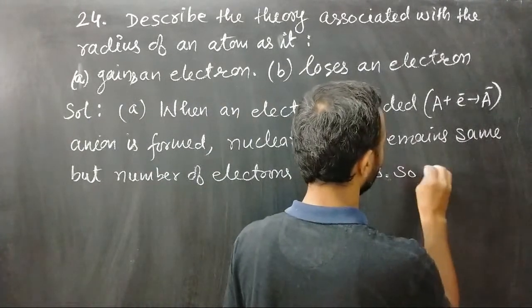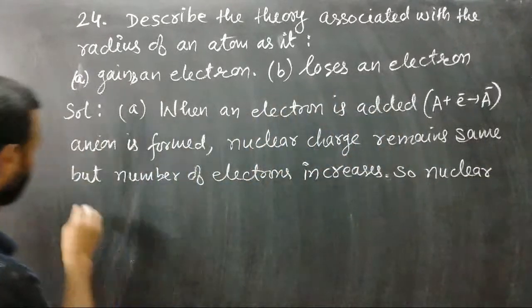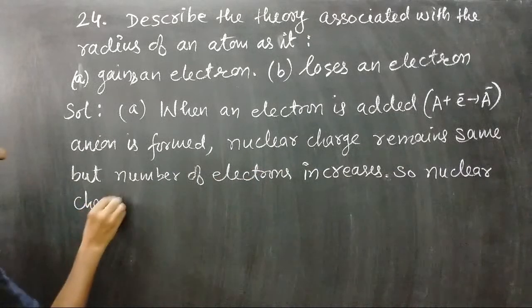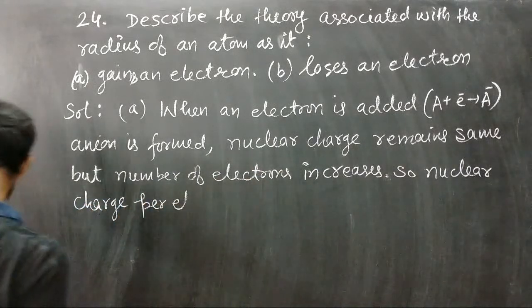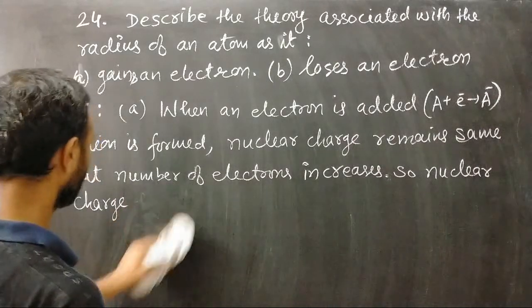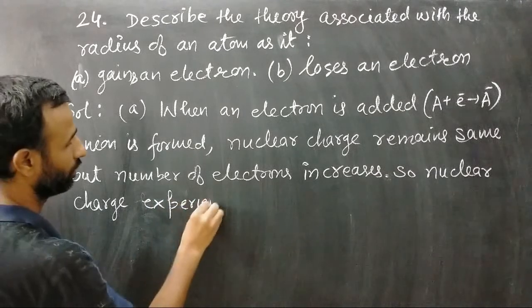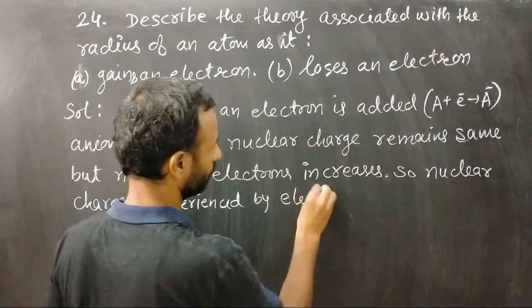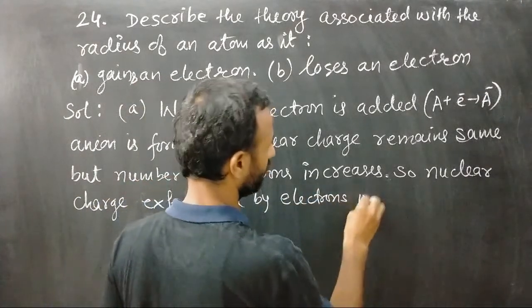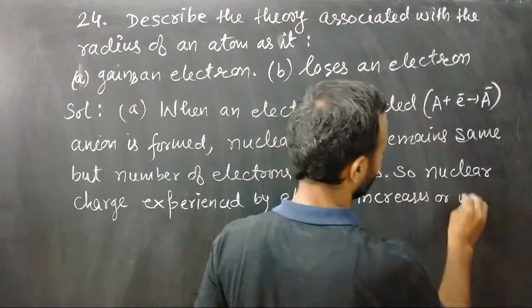So nuclear charge experienced per electron, I mean nuclear charge experienced by electrons, decreases.